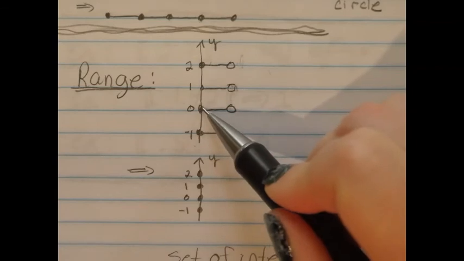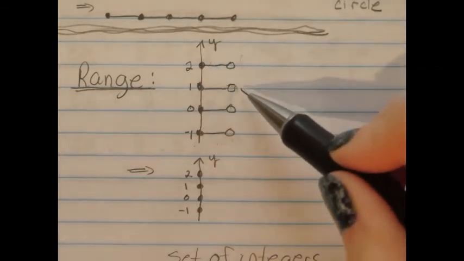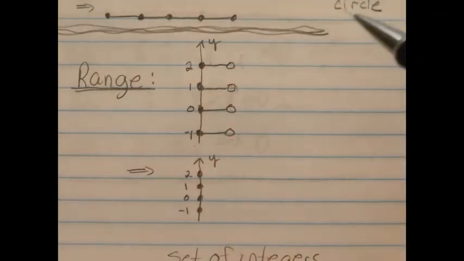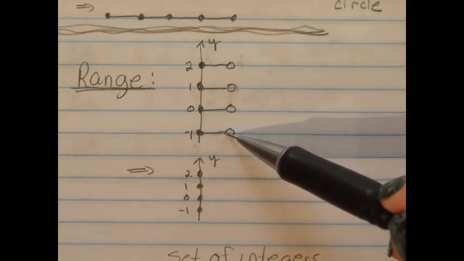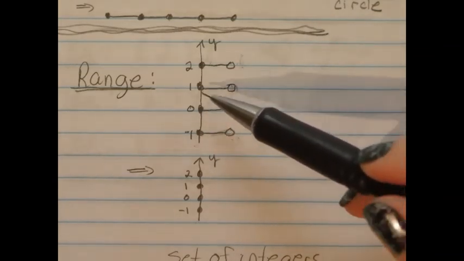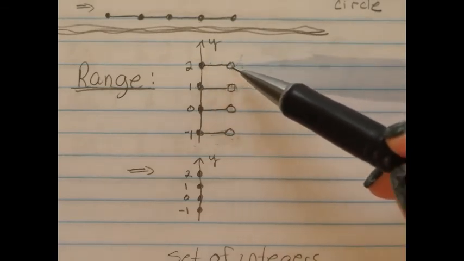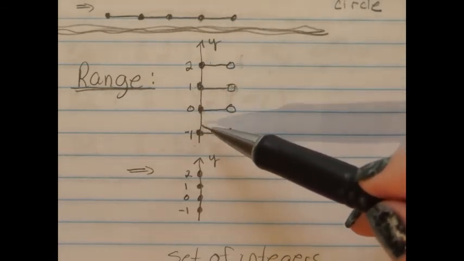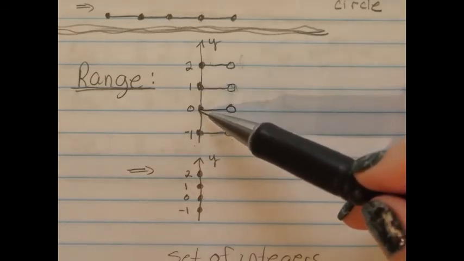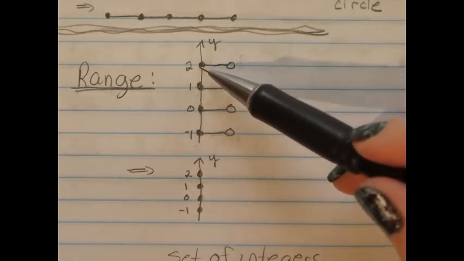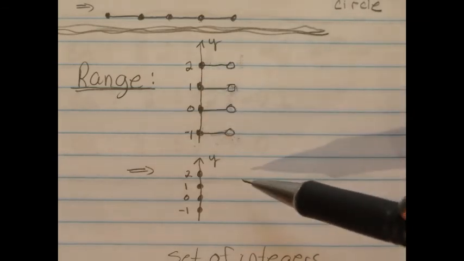So if you notice, if I pushed them all to the y-axis, I would have this. And you can see I'm here at -1, then I'm here at 0, then I'm here at 1, and then I'm here at 2. I have nothing between -1 and 0 on the y-axis. I have another jump between 0 and 1. I have another jump between 1 and 2.